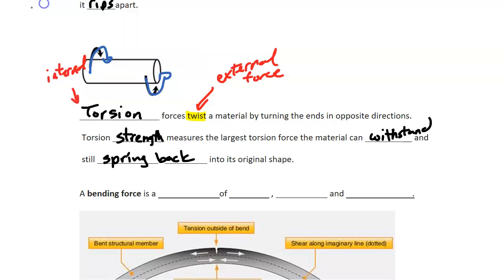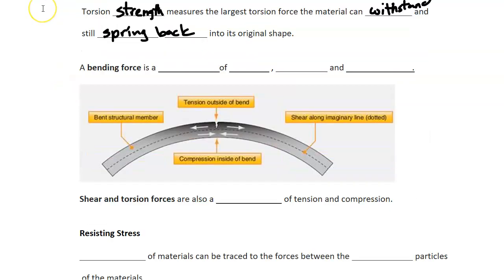Now, some other things such as bending. Bending does not just do one of these. It will be a combination of forces. Now, bending is, again, an outside force, right?